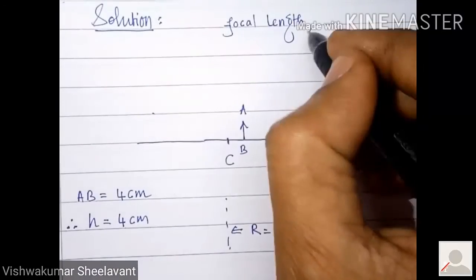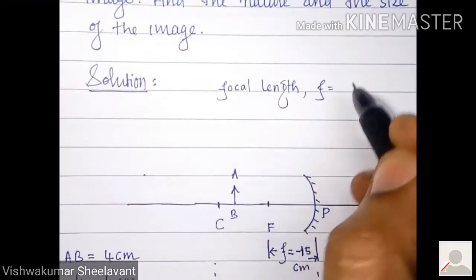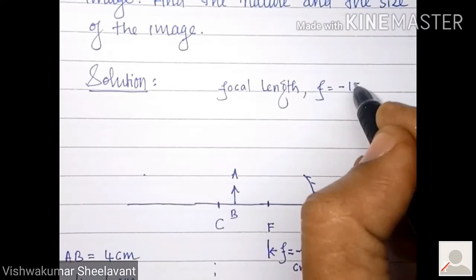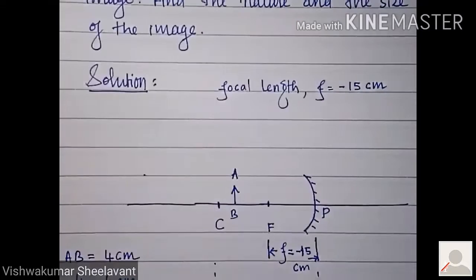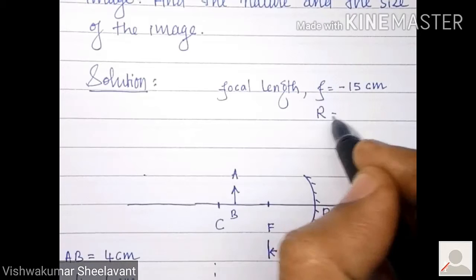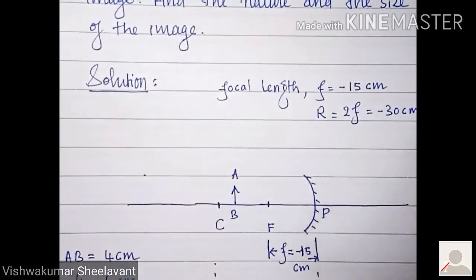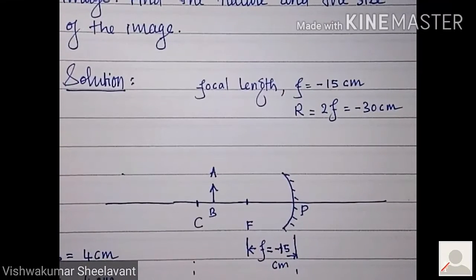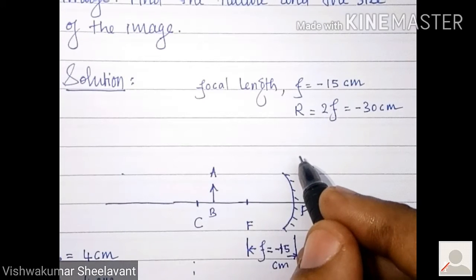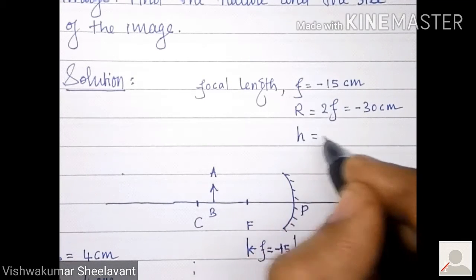Focal length f equal to minus 15 centimeter. R is equal to 2f equal to minus 30 centimeter. Object height h is equal to 4 centimeter.